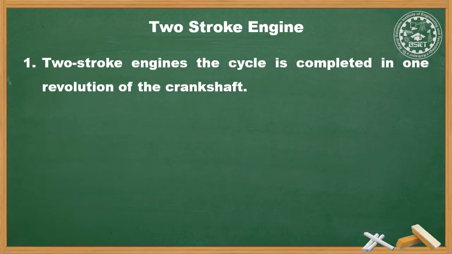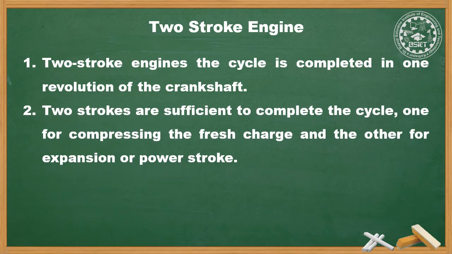In a two-stroke engine, the cycle is completed in one revolution of the crankshaft. A two-stroke cycle engine will theoretically give more power than a four-stroke cycle engine of the same size.